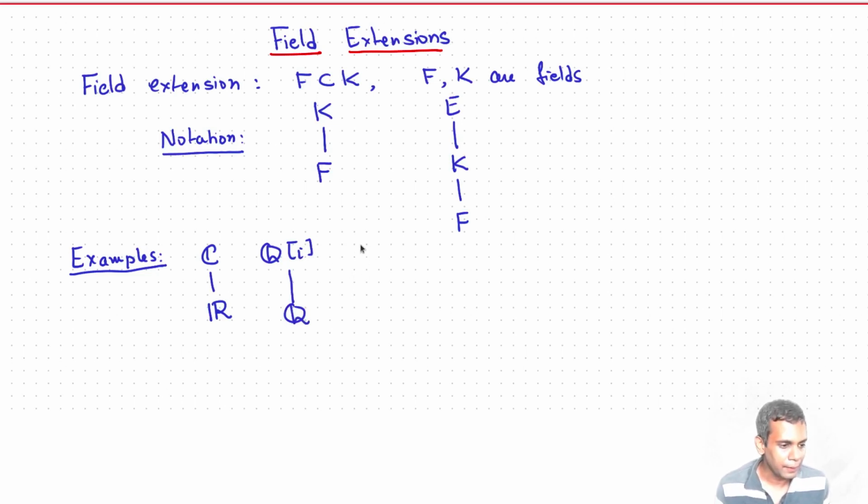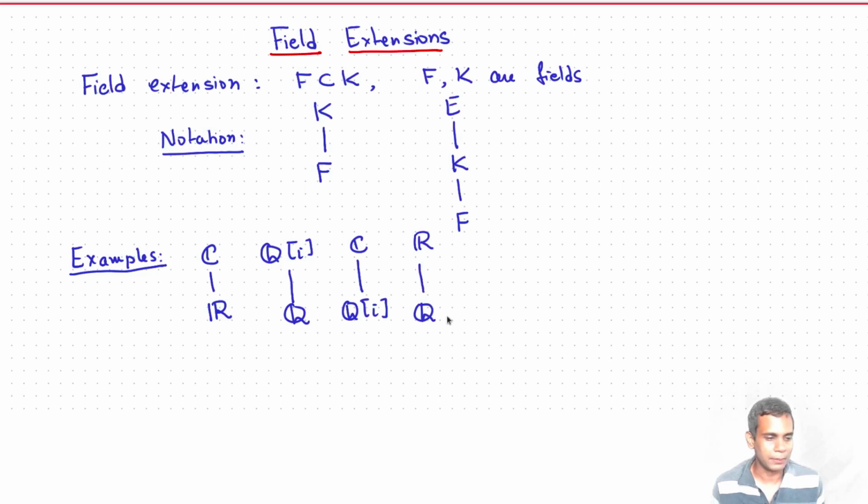And then the field of complex numbers is also an extension of the field of Gaussian numbers. It contains the Gaussian numbers. You can also talk about the real numbers, which contain Q. That's another example of a field extension.